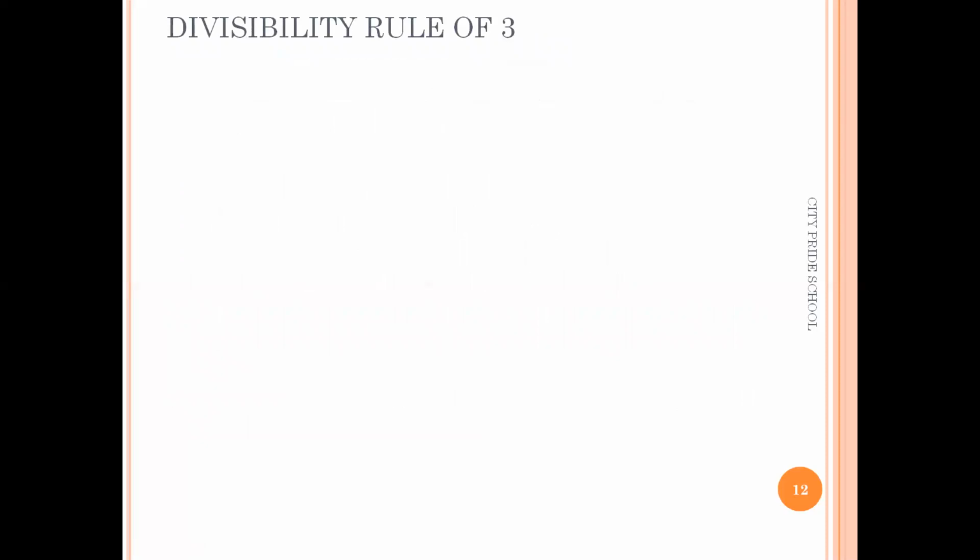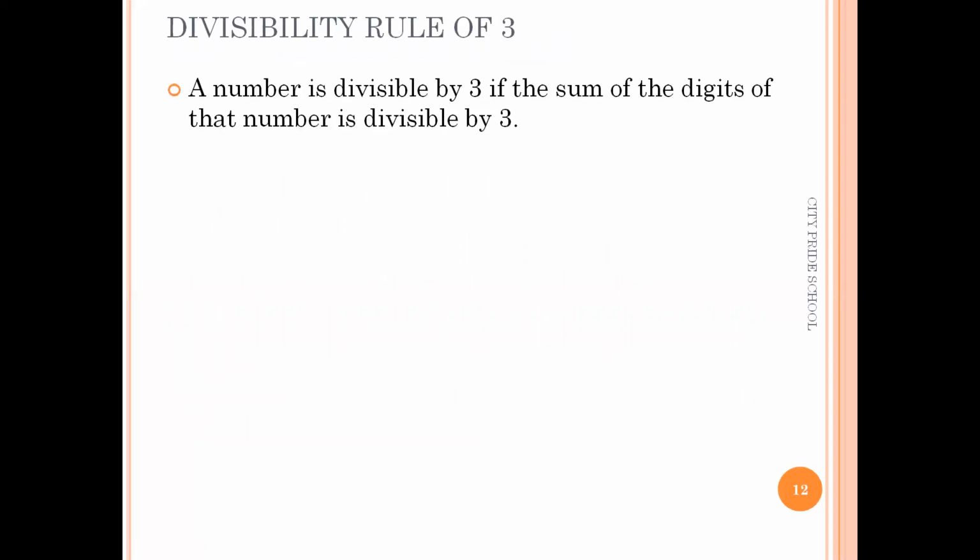Divisibility rule of 3. If we want to check whether a number is divisible by 3, what do we have to do? We have to check whether the sum of the digits of the number is divisible by 3. Example, 2421. To check whether the given number is divisible by 3, we add all the digits: 2 plus 4 plus 2 plus 1, we get 9.